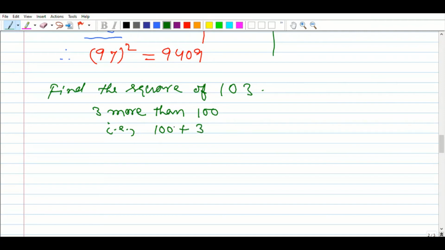Okay, so we will do the square of 3 and put it in such a type of two parts.